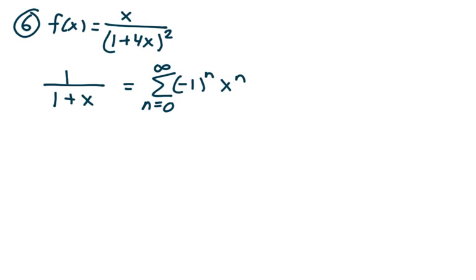Now, what I would do is take the derivative. When I take the derivative, I get negative 1 over 1 plus x to the second is the summation from n equals 0 to, well, actually, before I'm too quick, right? When I take the derivative, notice that that lower limit has to become a 1.